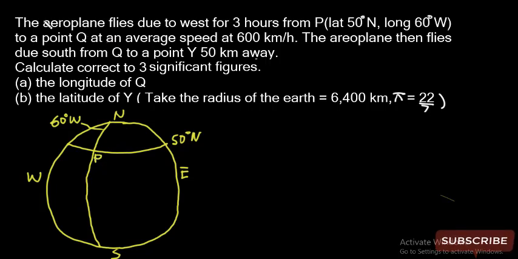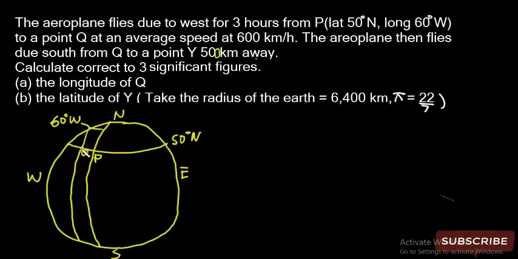Then we are also told that the plane flies due west for 3 hours, from P to get to Q. So it flew on the same latitude, 50 degrees. This is the longitude, and this is Q. Then we're told that the plane flies due south from Q to a point Y, 500 kilometers away.